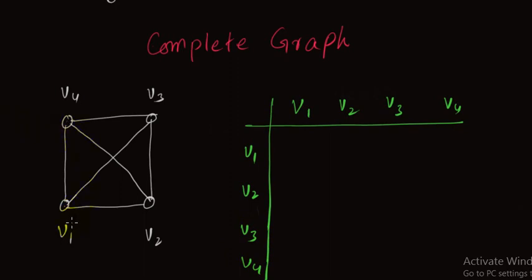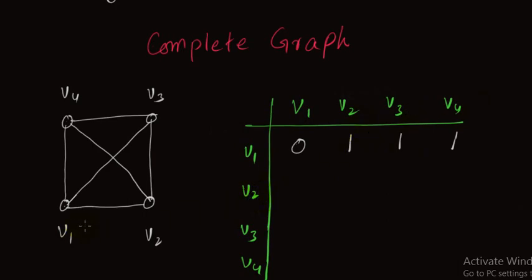Now for vertex V1 there is no loop at V1, so V1 and V1 takes 0 value. V1 is adjacent to V2, V1 is adjacent to V3, V1 is adjacent to V4, so we choose 1 value for V2, V3 and V4.